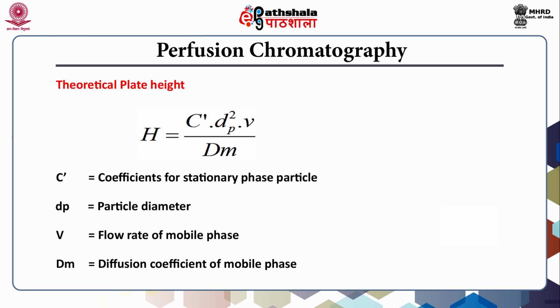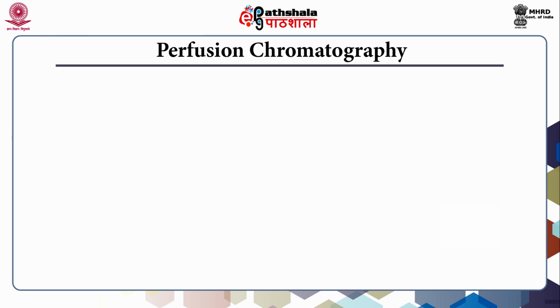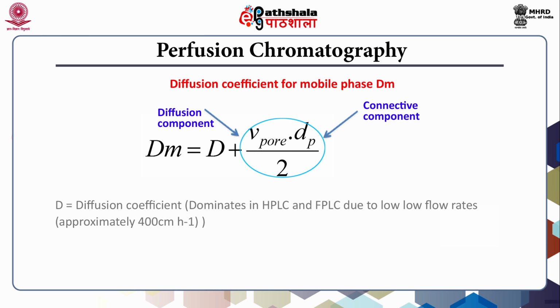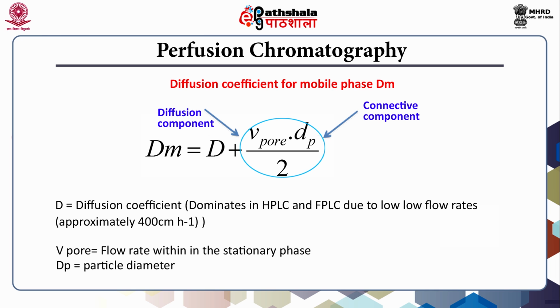So, basically what we need to understand here is that the theoretical plate height is inversely proportional to the diffusion coefficient of the mobile phase. Let us see in the coming slides how it is mathematically related. First of all, let us understand what the diffusion coefficient is. The diffusion coefficient Dm equals capital D plus V pore multiplied by dP by 2.